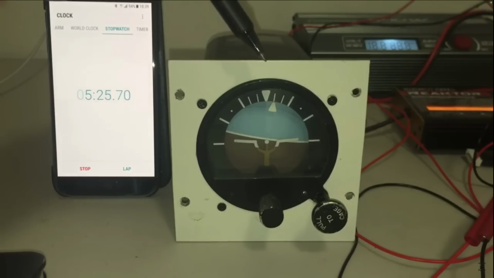This is correcting much faster. It has corrected more than 10 degrees in just 5 minutes.